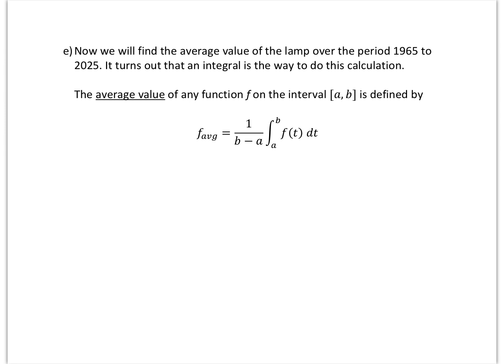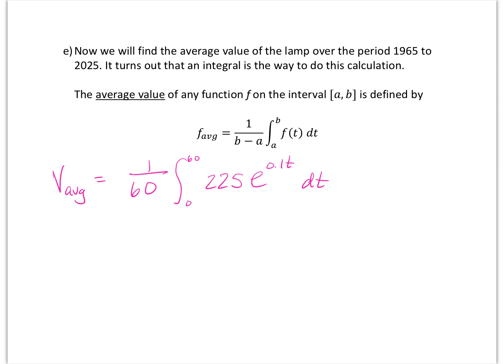So my average value is going to be 1 over b minus a, which is going to be 60 years, times the integral from 0 to 60 of f of t, the valuation of the lamp, 225 e to the 0.1t dt.